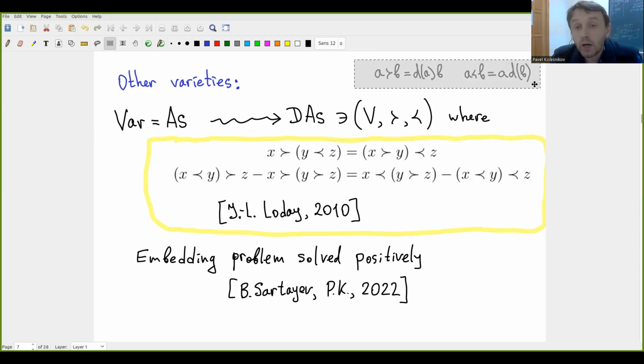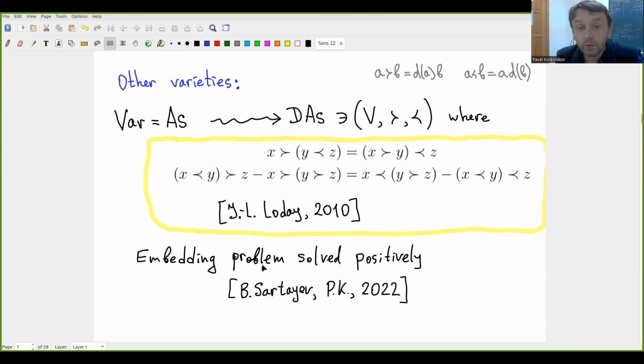But why do these identities exhaust all independent identities that hold for such operations on all associative algebras with all possible derivations? It follows from a positive solution of the embedding problem, which was recently published by Bourgeon, Sartayev, and me.